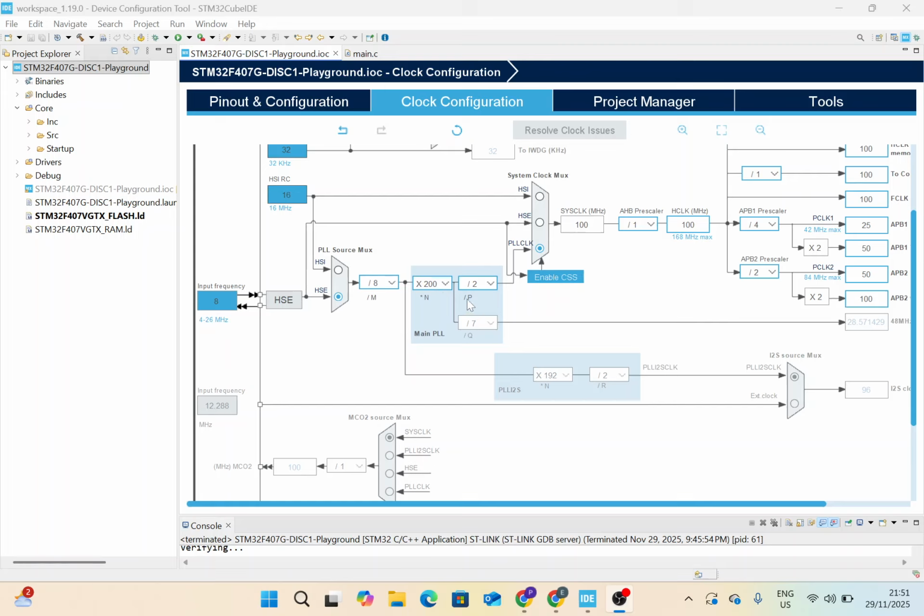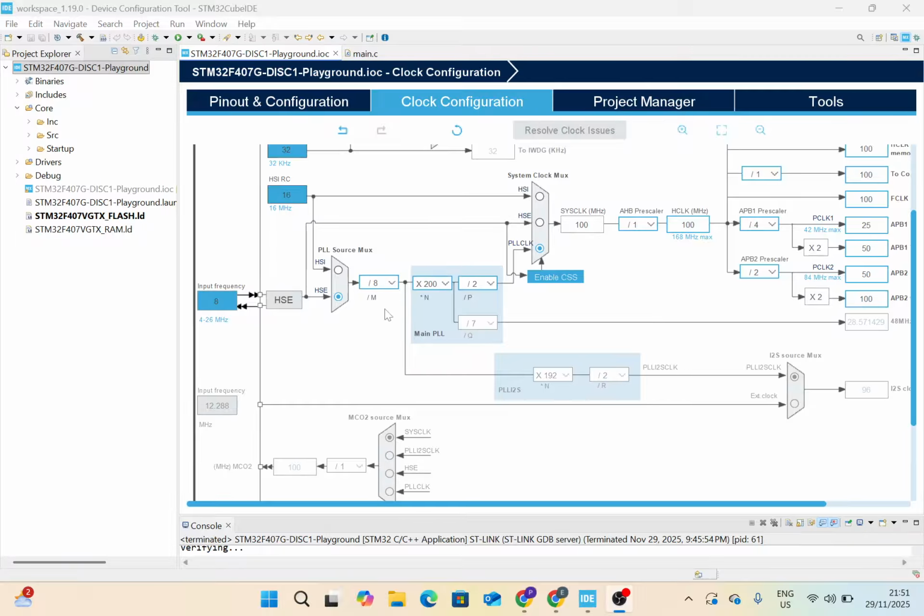At the core of the PLL is something known as a VCO, and I know all of these because I have read the reference manual and also a bit of the data sheet. You don't have to do that, but you can take what I'm telling you from this video. So there's a VCO, which stands for voltage controlled oscillator, and that is the core hardware component that does the work of generating higher frequencies from the lower frequency that comes into it.